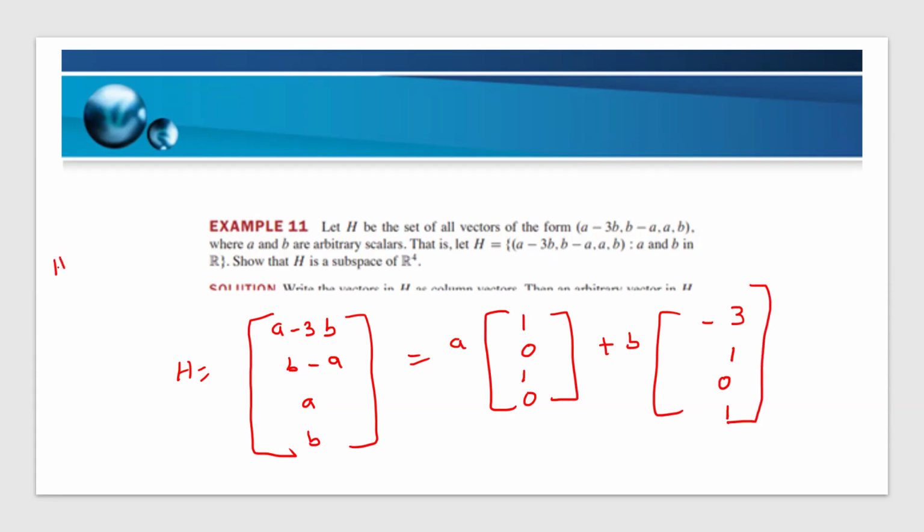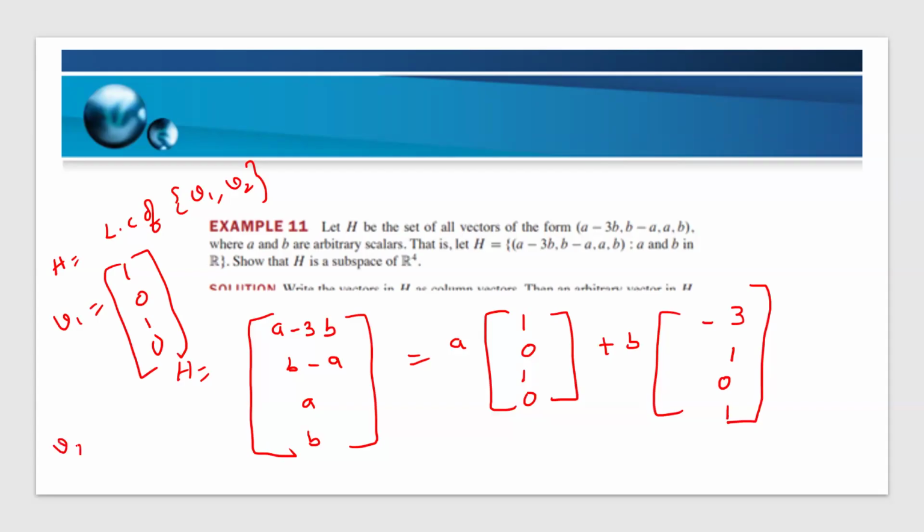Therefore, your H is the linear combination of V1, V2, where V1 is (1, 0, 1, 0) and V2 is (-3, 1, 0, 1). So just now I have explained to you that the linear combination of V1, V2 is a subspace of V. Here V is R^4 because 4 components are there.